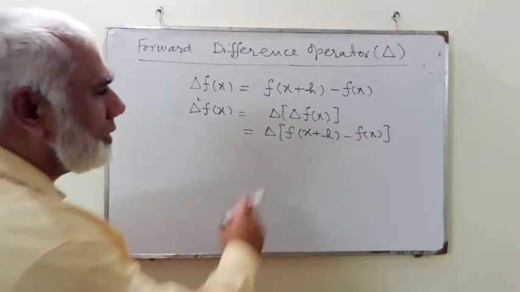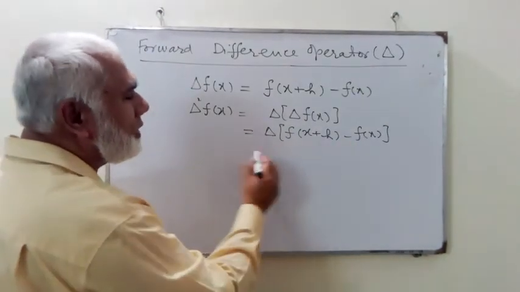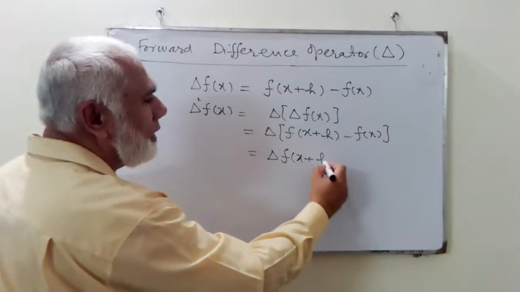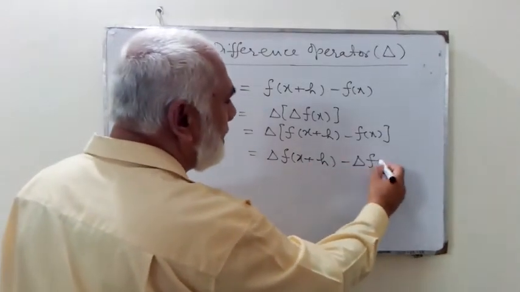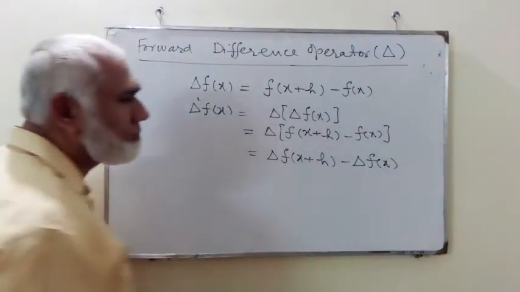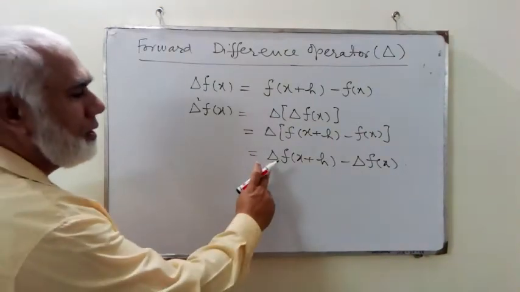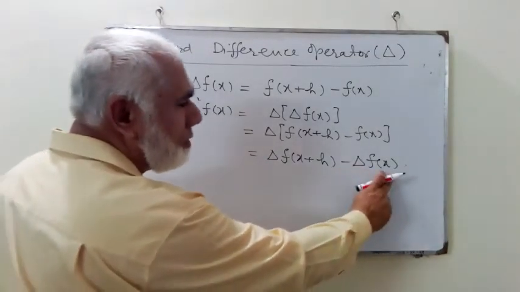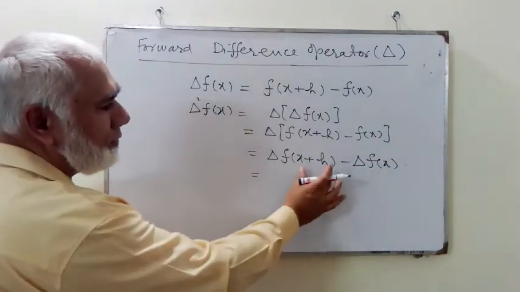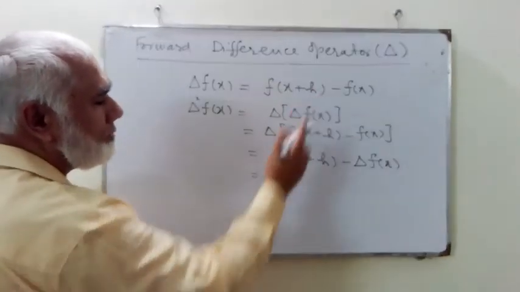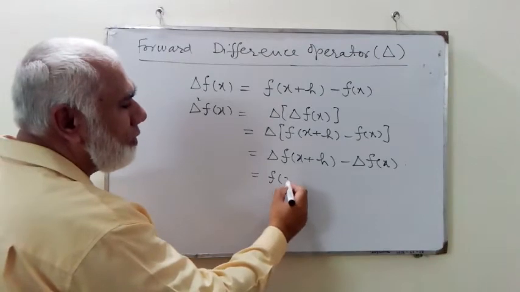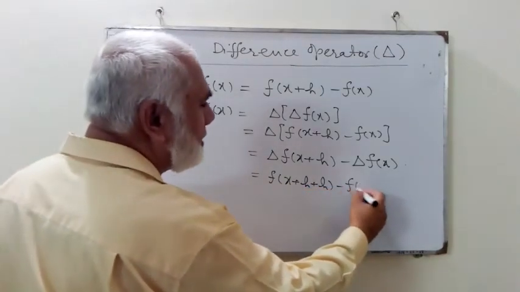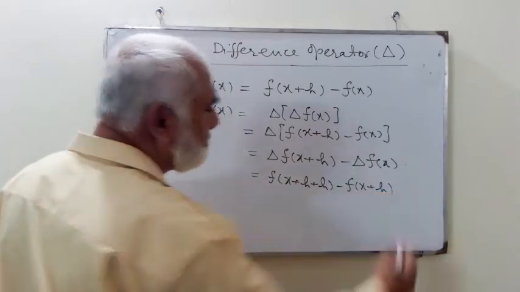And now the outer delta can be distributed inside the bracket, which gives you delta f(x+h) minus delta f(x). Here you can see this delta is being applied over this function as well as over this function. Whenever you apply it over here according to this definition, it takes the form f(x+2h) minus f(x+h).